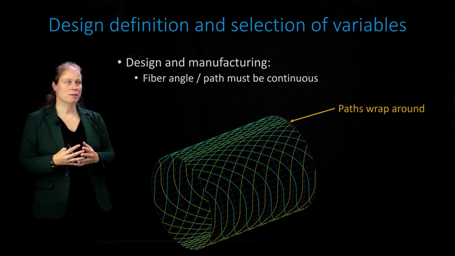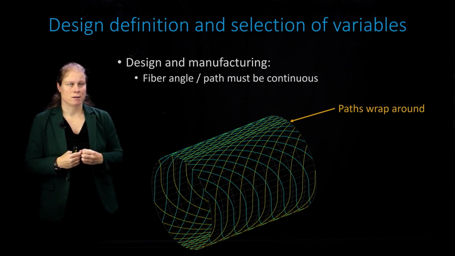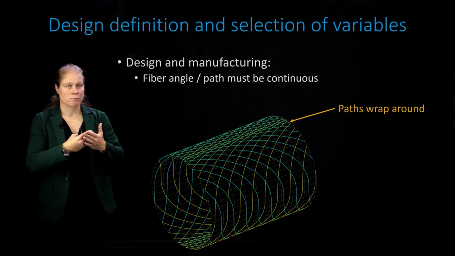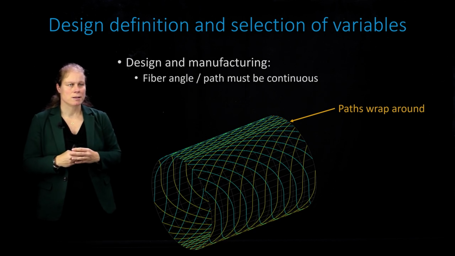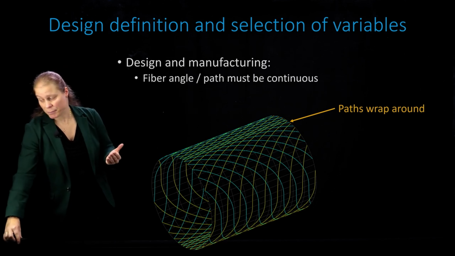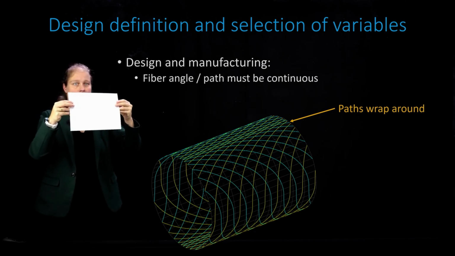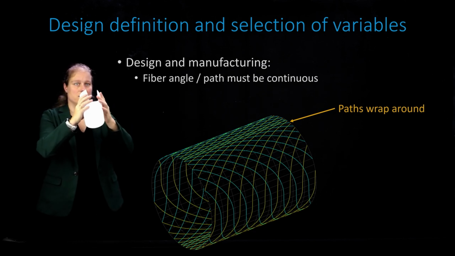Now, from a manufacturing perspective, we have these fiber paths, and here you can see an illustration of two layers superposed on top of each other. When you have a cylinder, you can think of it as a flat sheet of paper like this, and you have these paths, but it wraps around.